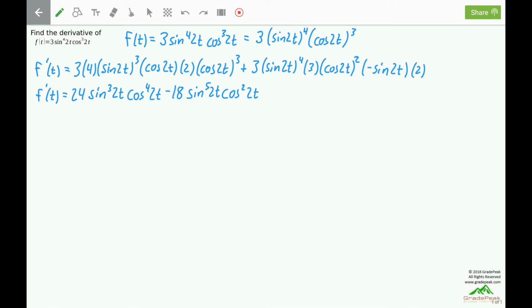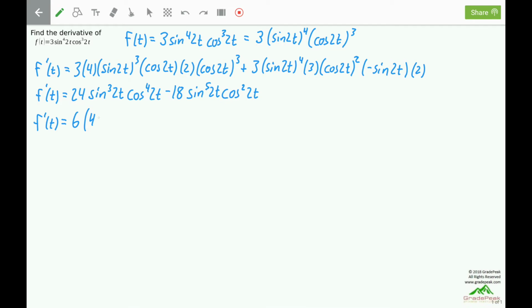Okay, so now that I've done that, the next thing to do is start factoring this. Let's begin with the constants. We have a 24 and we have an 18. We can factor a 6. So f prime of t equals 6 times.